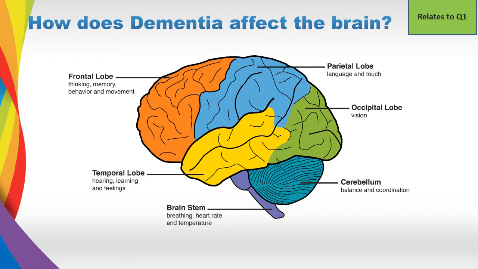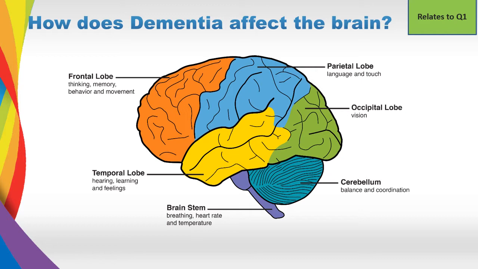It is responsible for thinking, for memory, for behaviour, and for judgment. Just behind that is the blue section, which is called the parietal lobe. This is responsible for language and touch. Behind that, at the back of your brain, there is an occipital lobe. This is responsible for vision, so to help you to see.